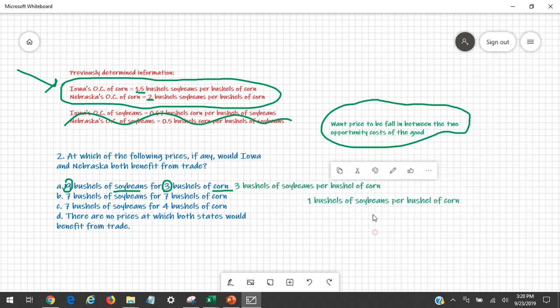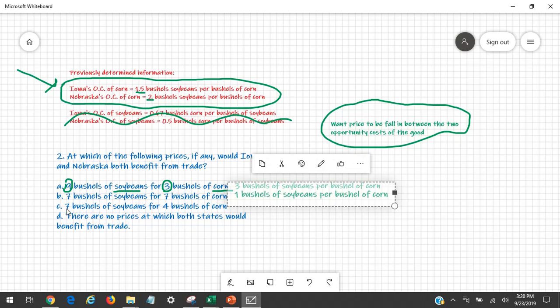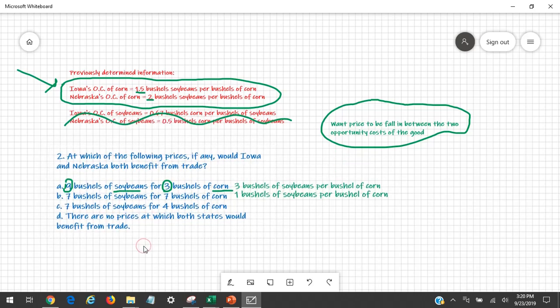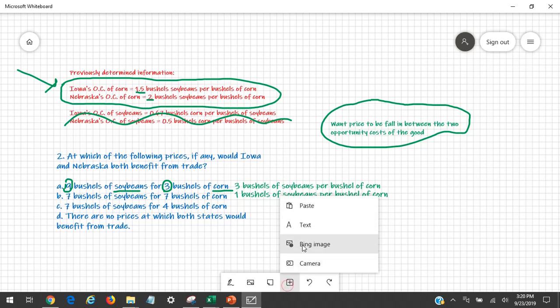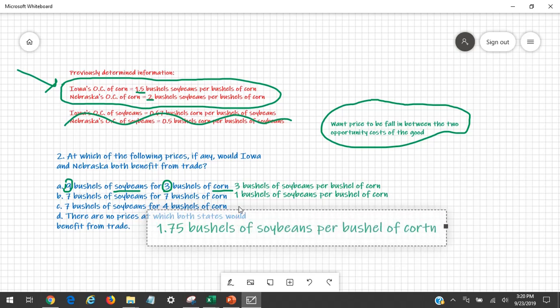And then answer C says 7 divided by 4, which is going to give me 1.75 bushels of soybeans per bushel of corn.